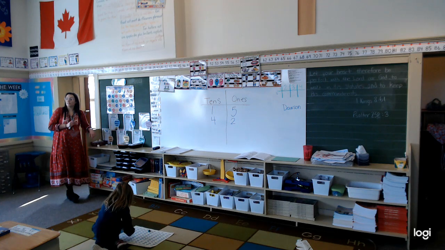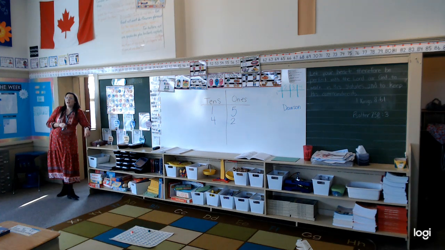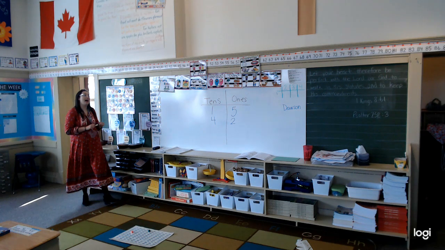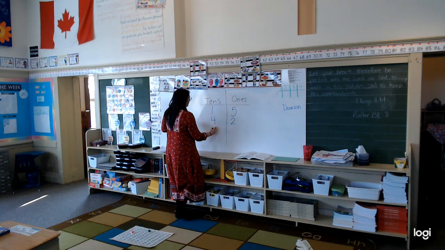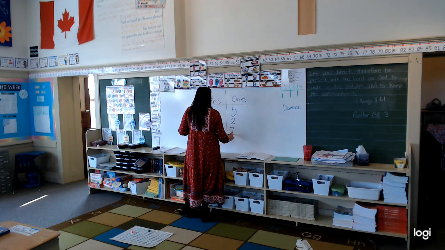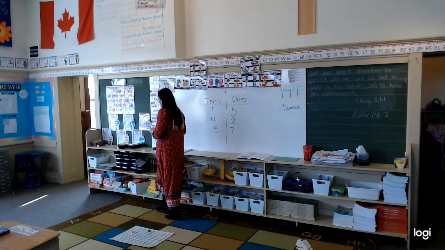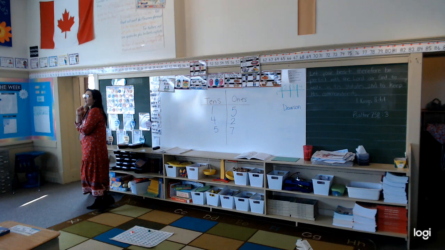Beautiful. All right. My next number has 5 groups of 10 and 7 ones. What number is that? Lock it in your brain.